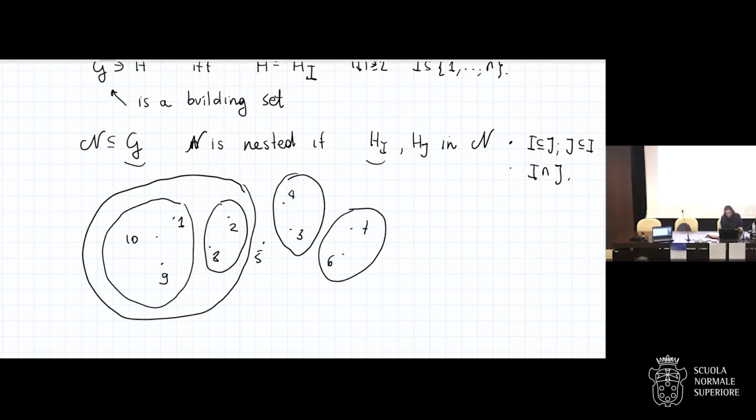So here is a nested set, meaning that every circle we can find in this diagram can be associated to a certain I. Then we can associate to a certain element of n.